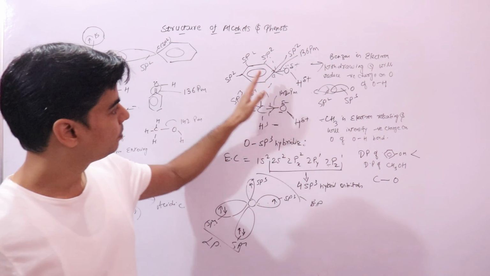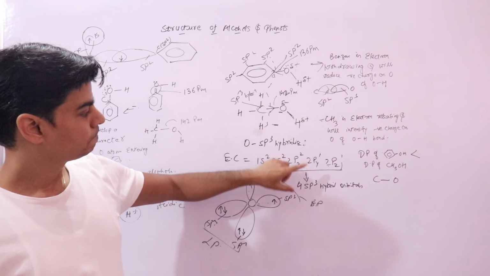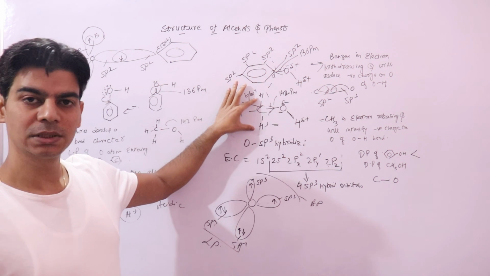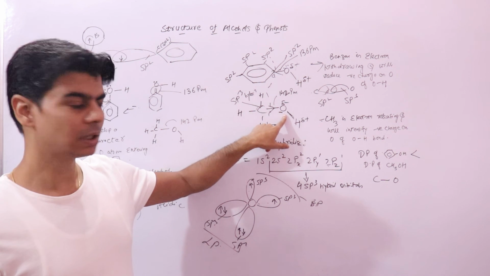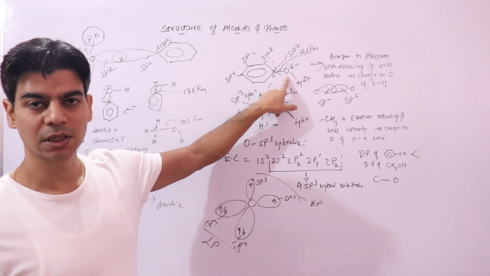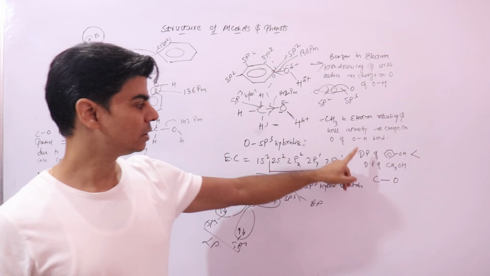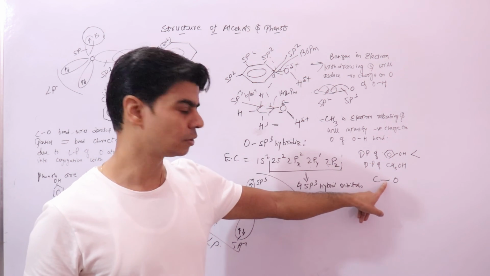Now the other thing is, benzene is electron withdrawing in nature, whereas methyl group is electron releasing in nature. So the methyl group will increase negative charge on the oxygen atom, while benzene will reduce negative charge on the oxygen atom, due to which the dipole moment of phenol is less compared to that of methanol.